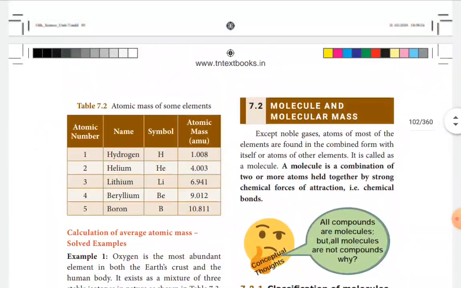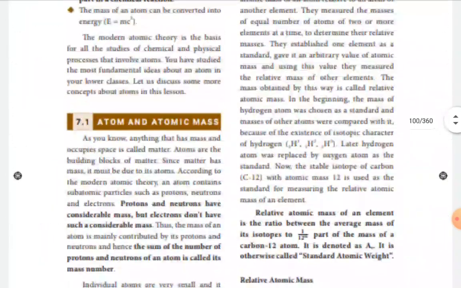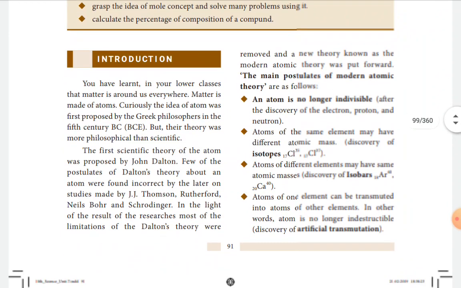See page number 91, left hand side, you can see the main postulates of modern atomic theory. An atom is no longer indivisible. Atoms of the same element may have different atomic mass, for example isotopes.